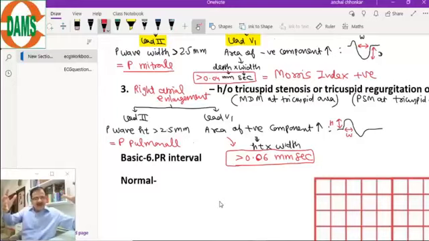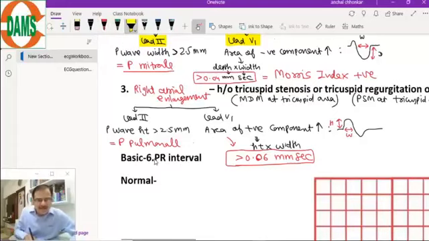Now coming to why the area is positive: because the positive component is determined by right atrial depolarization. Now come to the next one, and the next is the PR interval.